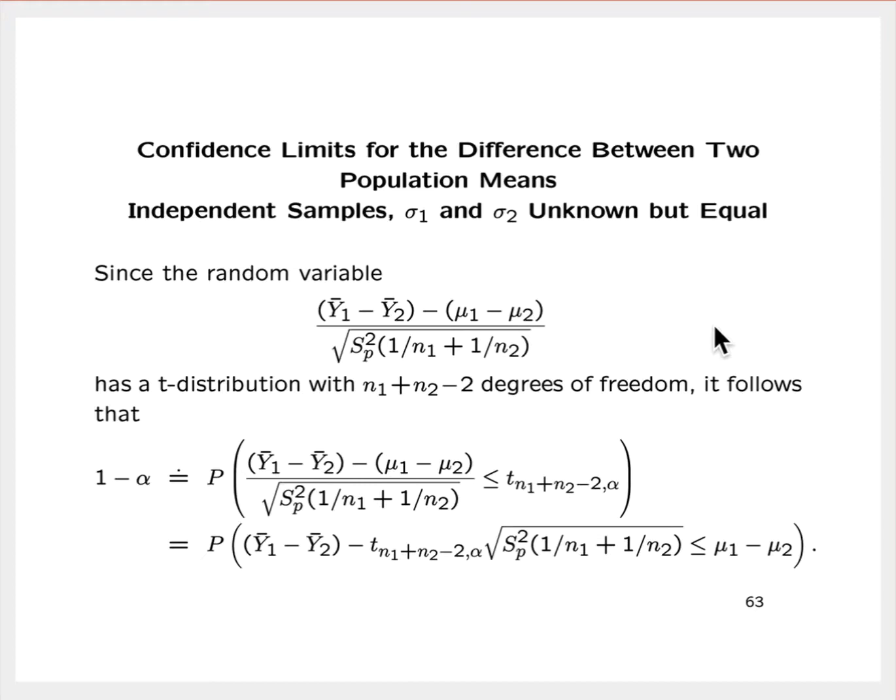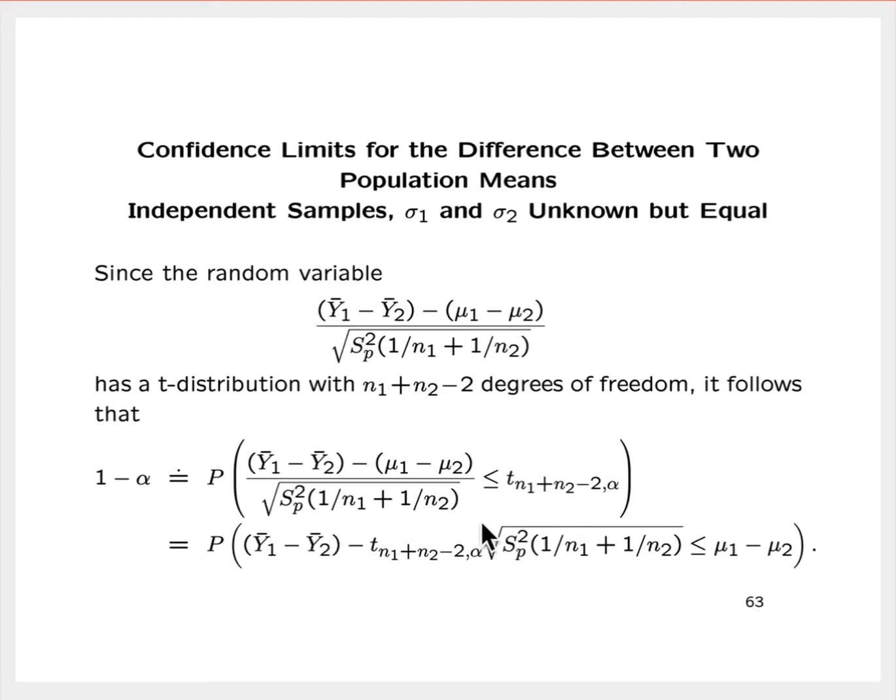Since the studentized version of the random variable of the difference in the sample means has a t-distribution with n1 plus n2 minus 2 degrees of freedom, it follows that the probability that that random variable is less than or equal to the upper alpha percentage point of a t-distribution with n1 plus n2 minus 2 degrees of freedom is 1 minus alpha.